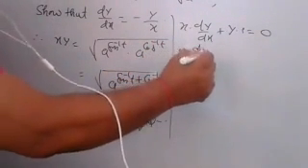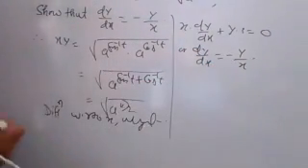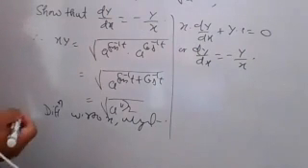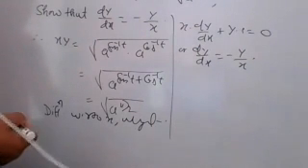So the value of dy by dx is equal to minus y upon x. So note that, and the same question I will solve tomorrow.